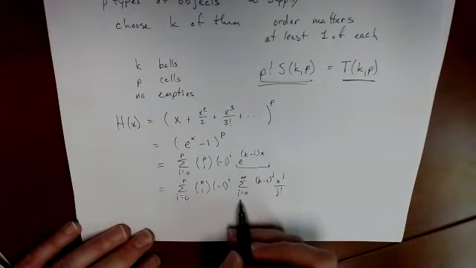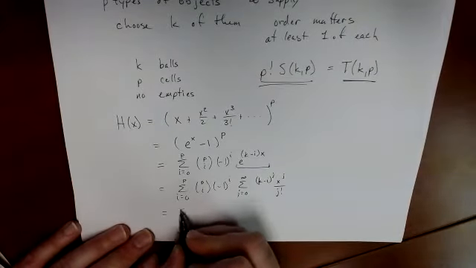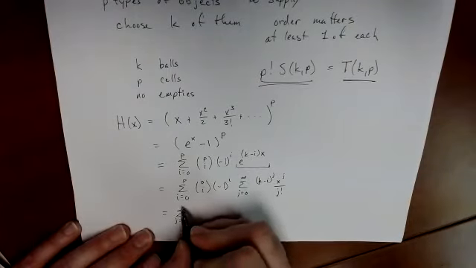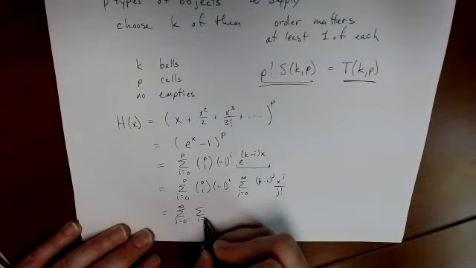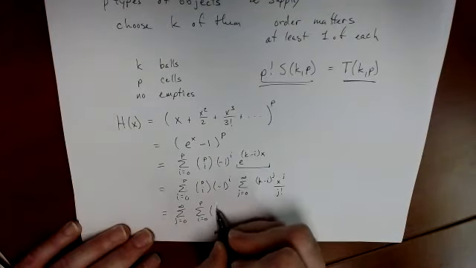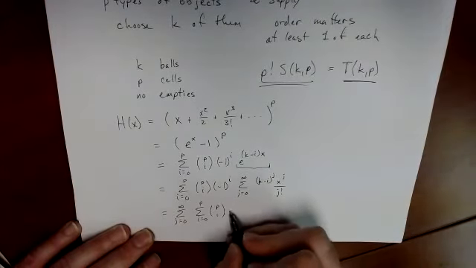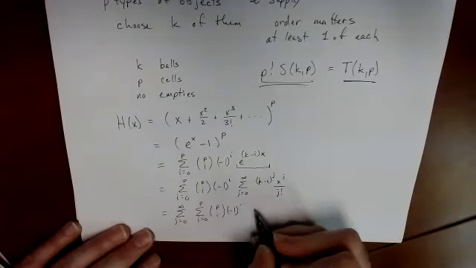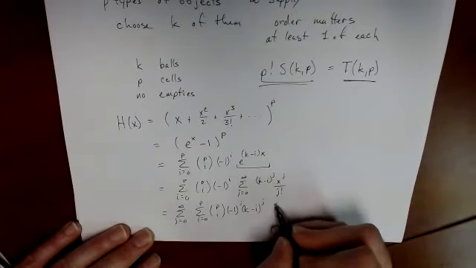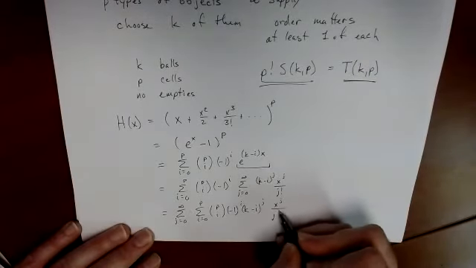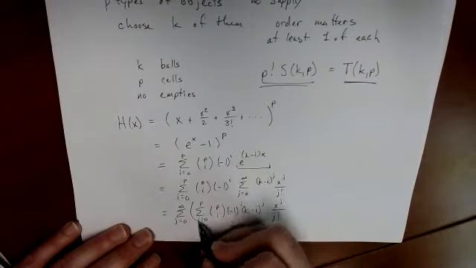We can bring our infinite sum to the outside. That's the sum as j goes from 0 to infinity of the sum as i goes from 0 to p, p choose i, minus 1 to the i, and then k minus i to the j, x to the j over j factorial.